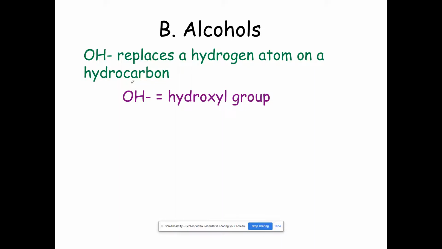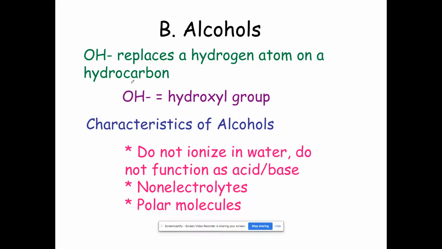So some characteristics of alcohols. Alcohols are what we call a non-electrolyte. They do not conduct electricity. They do not break apart or ionize in water. They're not acid. They're not base. They are different. What's the pH of an alcohol? Forget it. It's not going to give you that. These are polar molecules.